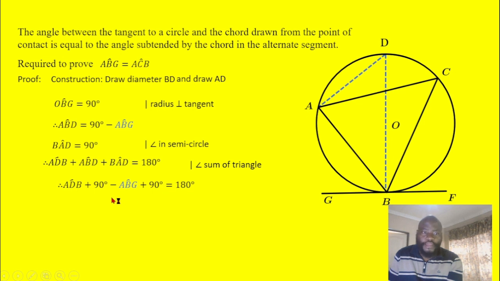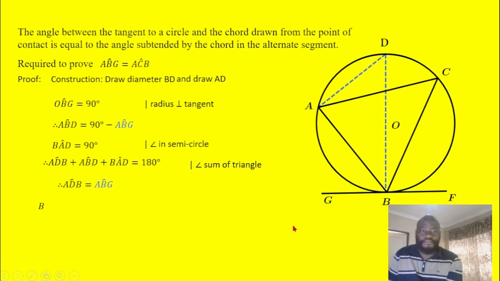Now if we look carefully, you see that we have 90 plus 90, which is 180. Then we have another 180 on the other side, so they'll cancel each other out. And this negative blue angle ABG will go to the other side and become positive. So we have ABD equaling ABG.